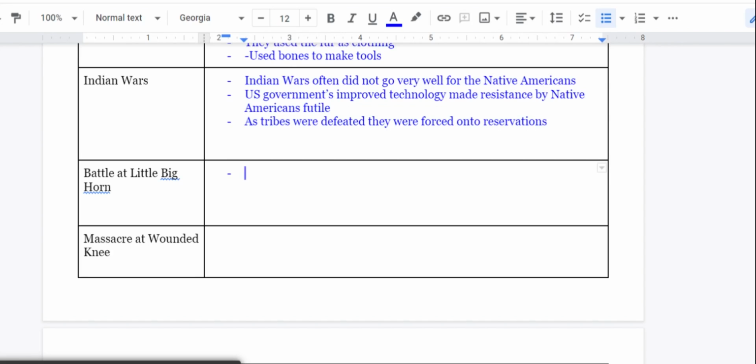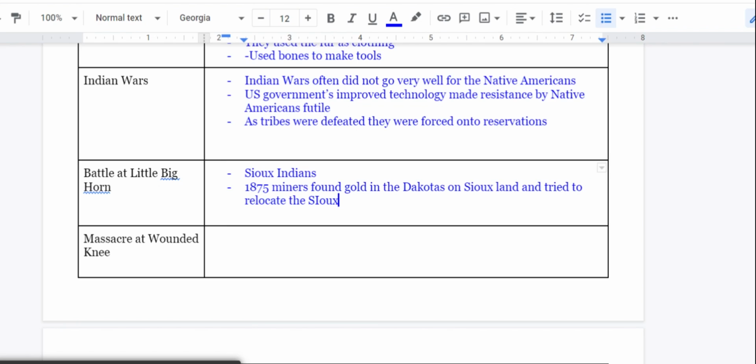One of the biggest is the Battle of Little Bighorn. So this was fought by the Sioux Indians against the federal government. In 1875, miners found gold in the Dakotas on Sioux land and tried to relocate the Sioux.